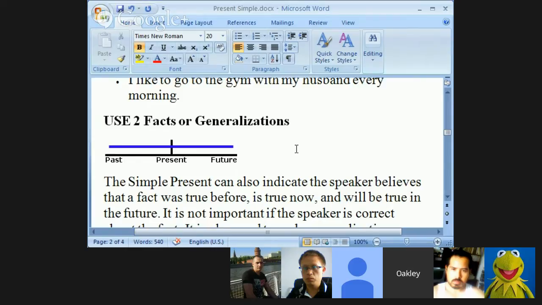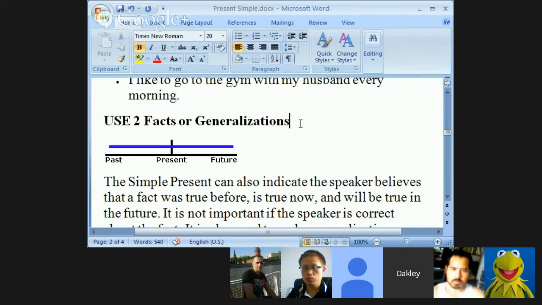Whatever the speaker's perception of reality is, whether he thinks something is realistic or not realistic, is in the mind of the speaker. The choice is up to the speaker, or, of course, writer, whoever's conveying the information.